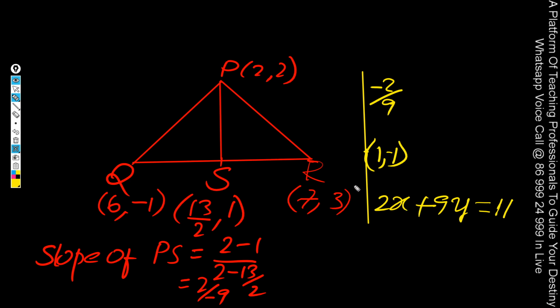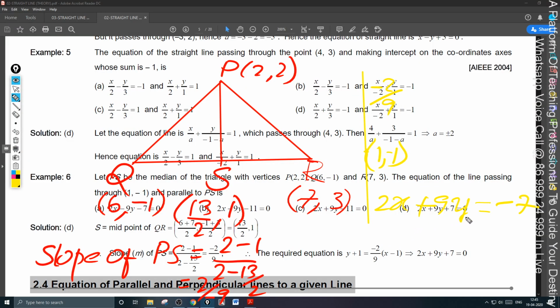Minus 1. Then what is it? 2 into 1, minus 9, it is minus 7. So 2x plus 9y plus 7 equal to 0 is the answer. D is the answer, please. Your answer is D.